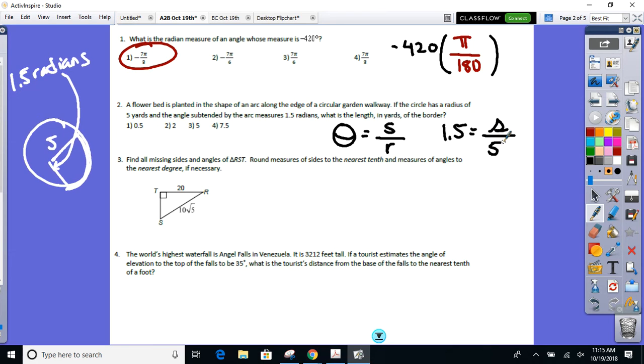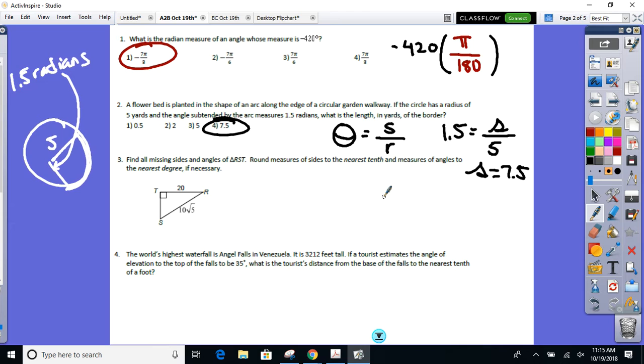Okay, what are you doing on both sides? Yeah, 1.5 times 5. S is 7.5. Anybody quickly review? The only thing you've got to worry about: this angle has to be in what units? Radians. If it's in degrees, I've got to convert before I plug in.